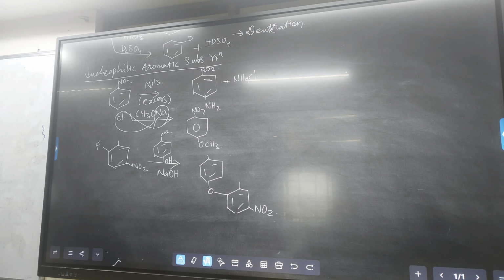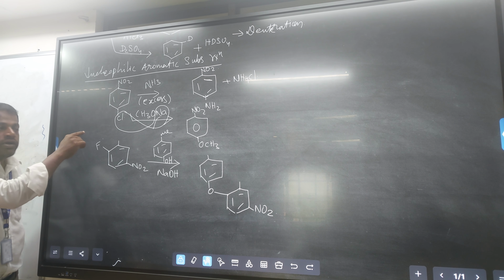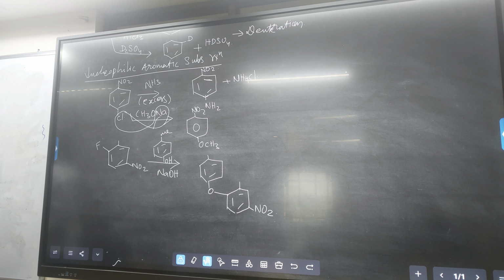So first, where the leaving group is there, you know that there are SN1 substitution, elimination, addition reactions. First, we have to find where the leaving group is. So this is a leaving group for this compound. Therefore, here only the substitution happens for your incoming compound.